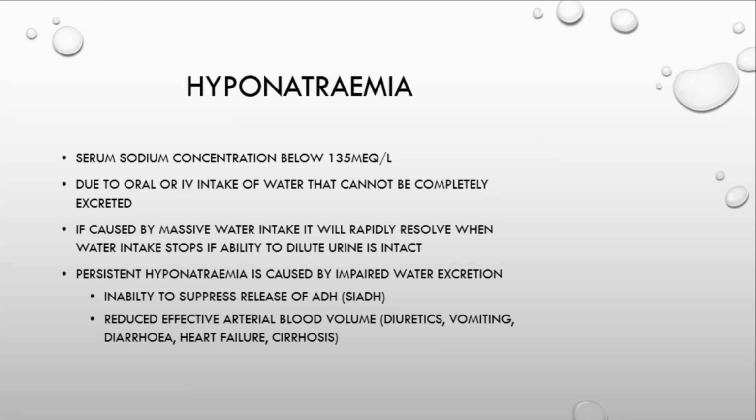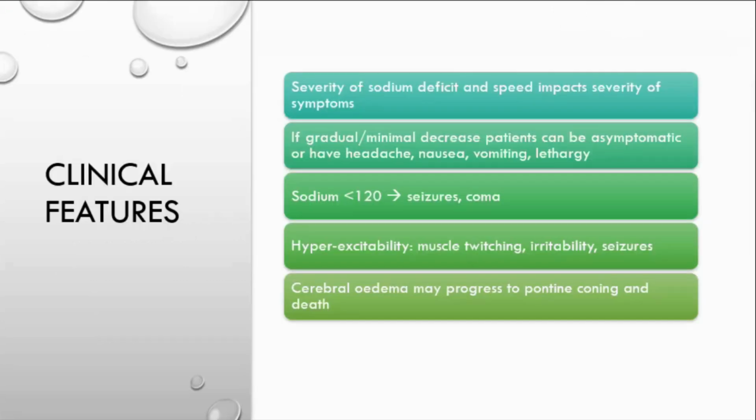So as we said before, our kidneys are able to get rid of excess water if they are still fully functioning. If there's persistent hyponatremia, then that's caused by impaired water excretion. So the inability to suppress the release of ADH, like we said in SIADH, with those causes, and if there's a reduced effective arterial blood volume, so from vomiting, diarrhea, diuretics, heart failure, and cirrhosis.